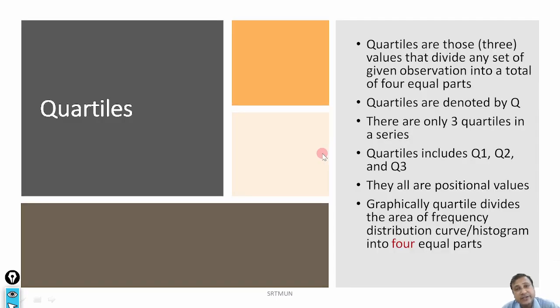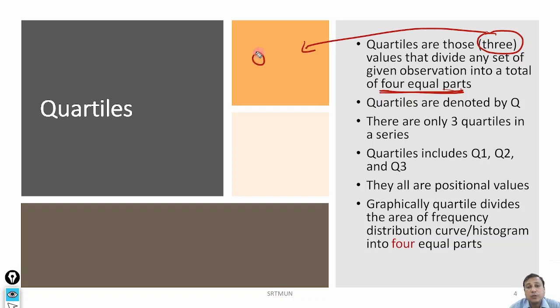Before going to the reading and interpretation part, let me briefly highlight the meaning of quartiles. Quartiles are those three values that divide any set of given observations into a total of 4 equal parts. Here we compute Q1, Q2 and Q3, and all these three values divide your data set into 4 equal parts.